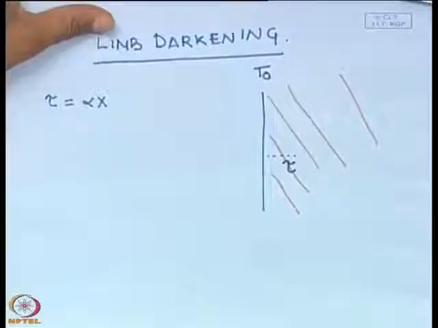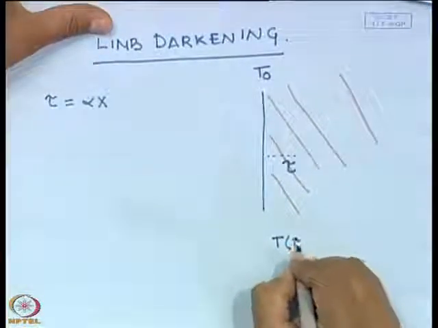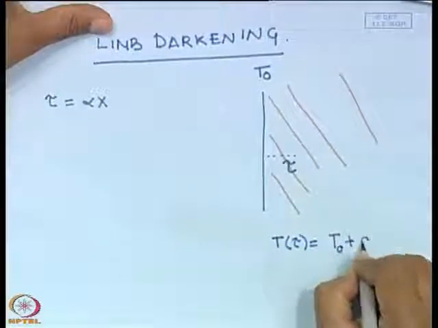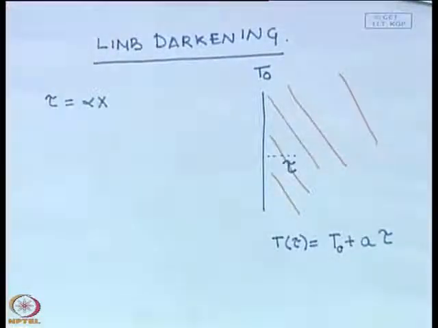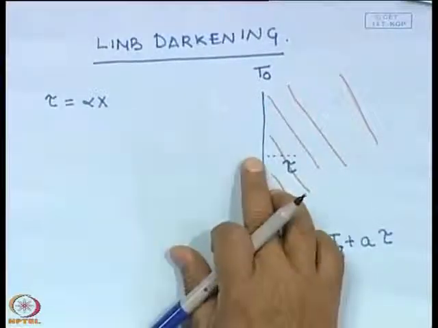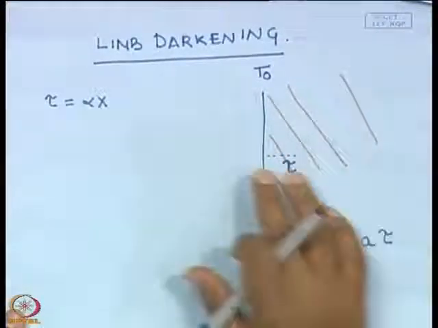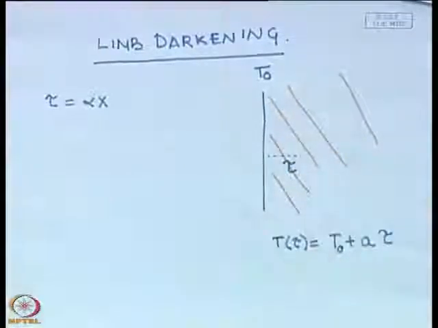So we shall assume that the temperature inside increases as T0 plus A into tau. So we will assume that it increases linearly inside. That is the simple model that we shall make. So the optical depth is 0 over here, and as you go inside the optical depth increases, and let us say that it increases all the way to infinity or to a very large number as you go inside the sun.